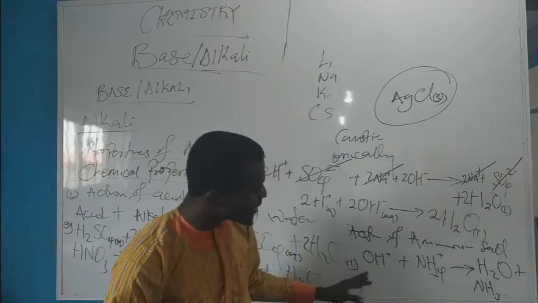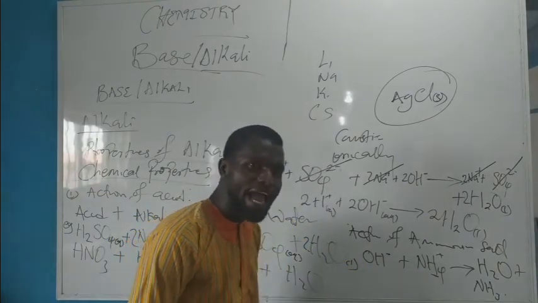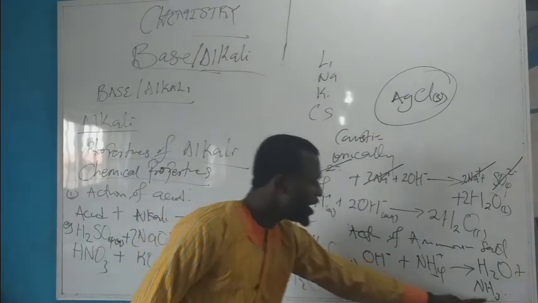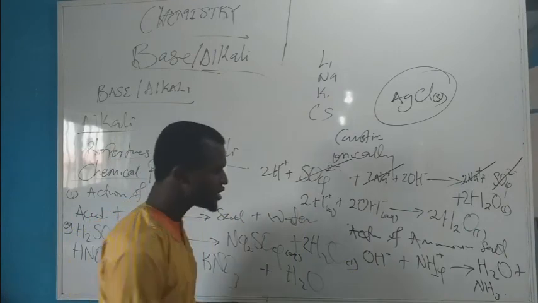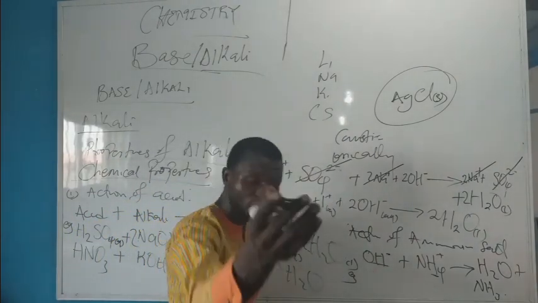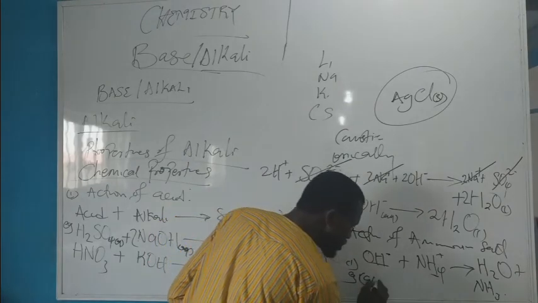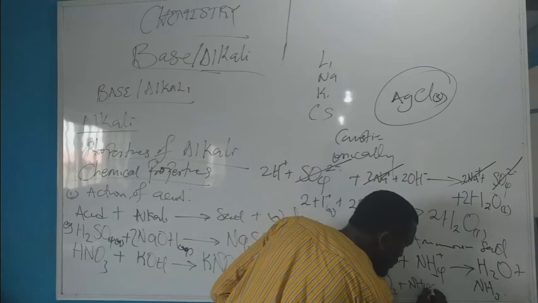So when alkaline is treated with ammonium salt and then heated, a colorless gas with characteristic choking smell, confirmed to be ammonia, is liberated. So a general equation is hydroxide ion, use any alkaline, for example calcium hydroxide plus ammonium chloride.